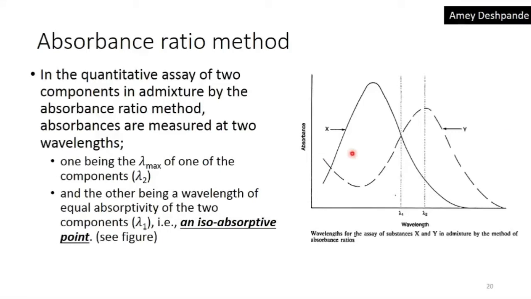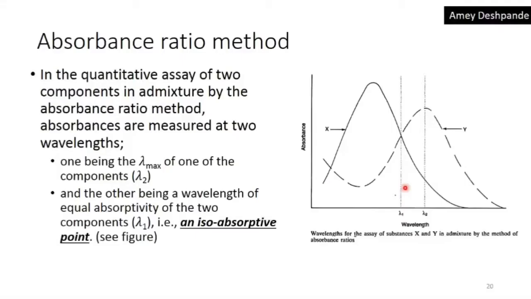There is one curve missing, the one for the combined absorbance of X and Y. So instead of that, we have only the spectra of X and the spectra of Y. Now, if you observe carefully, you have marked here only lambda max of Y, and you have marked a wavelength on the graph at which absorbance of X and absorbance of Y are the same.